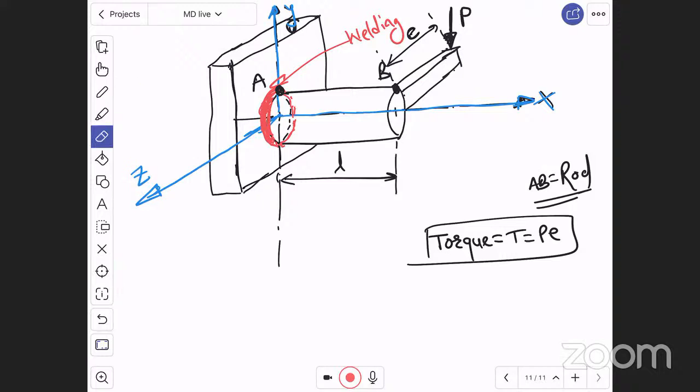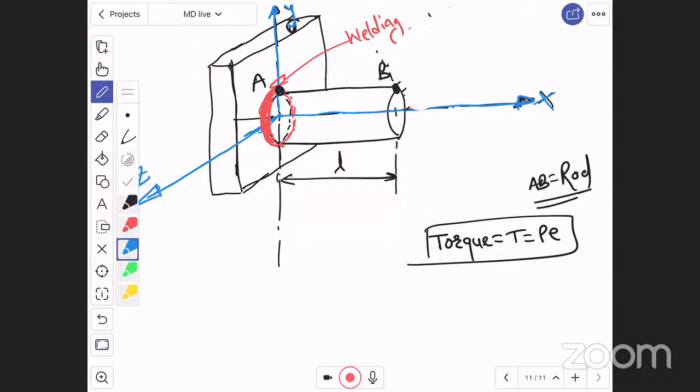This P I will remove from here and directly put on B. But along with this force, there is a torque also, T is equal to P into E, which is acting in the clockwise direction.